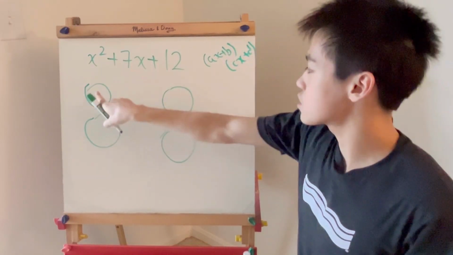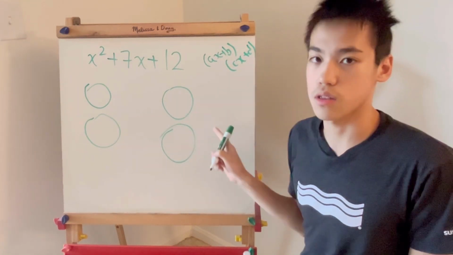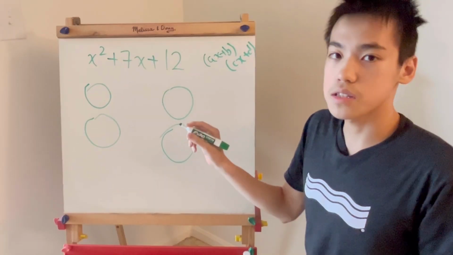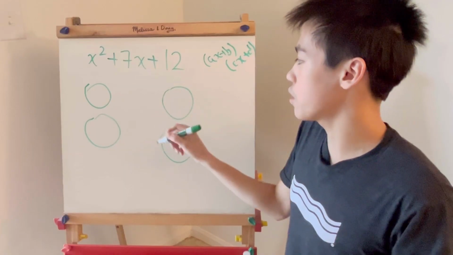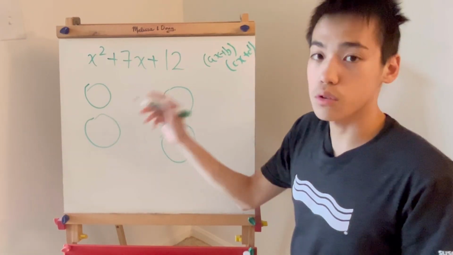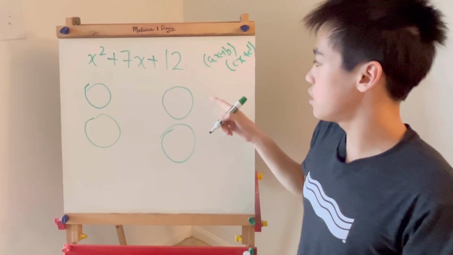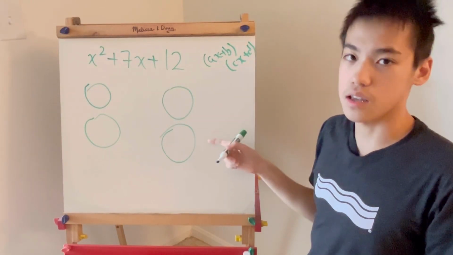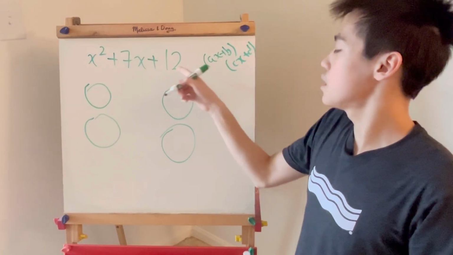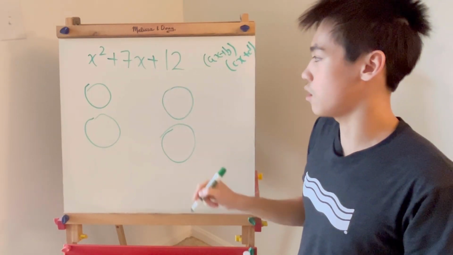So we're going to write the x terms on the left-hand side and the constant terms on the right-hand side. How this trick is going to work is that we're going to find 2 x terms and solely x terms that multiply to the x squared term and 2 constant terms that multiply to this constant that we see over here.